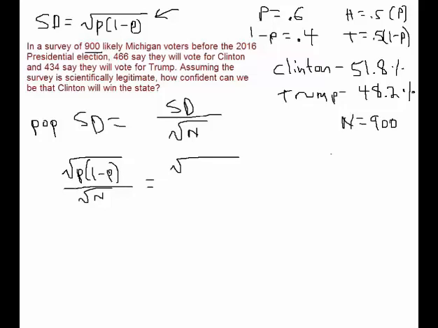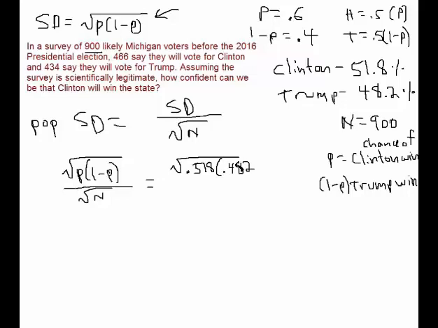So our p is 51.8%, or 0.518, times 1 minus p, which is obviously 0.482, and we will divide it by the square root of n, which is the square root of 900.